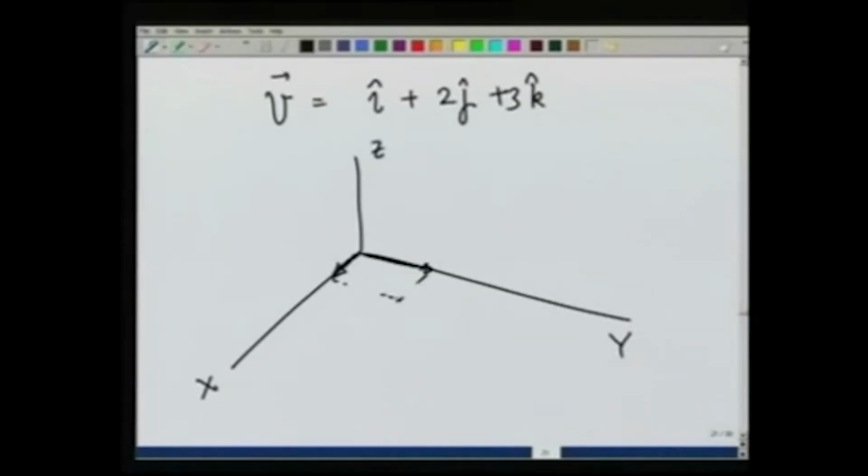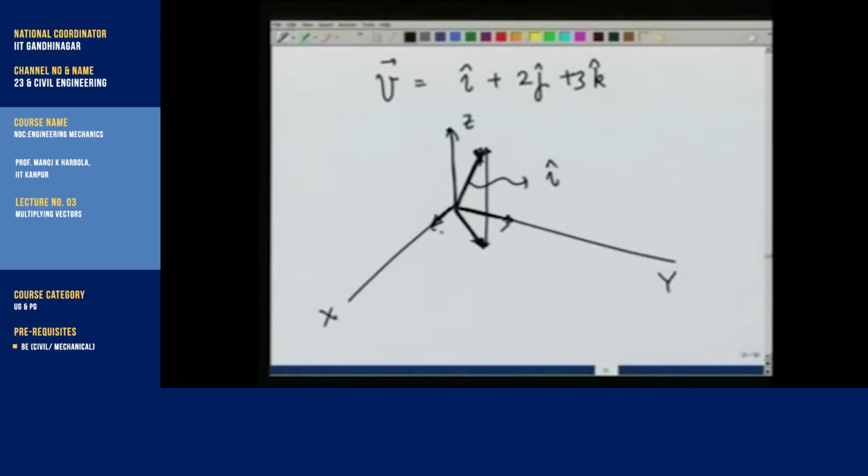So, this would be i plus 2j and 3k would be of magnitude 3 in this direction. So, up to this point, let us make this vector here, then summation of all 3, this vector would be i plus 2j plus 3k.